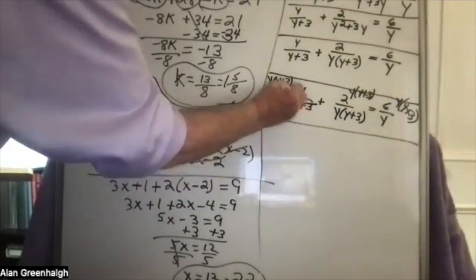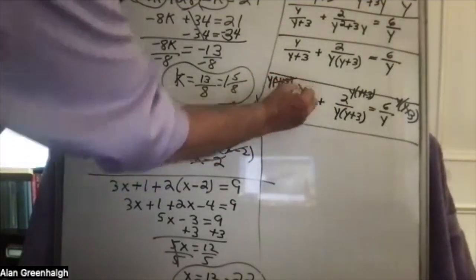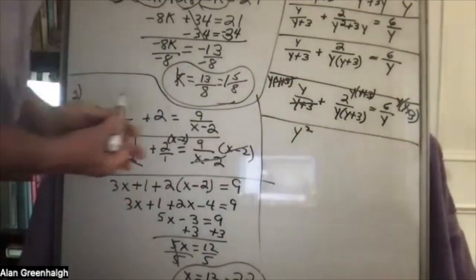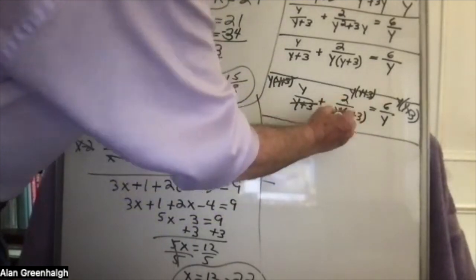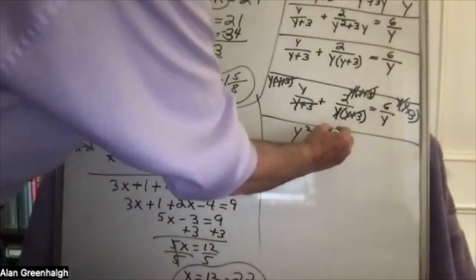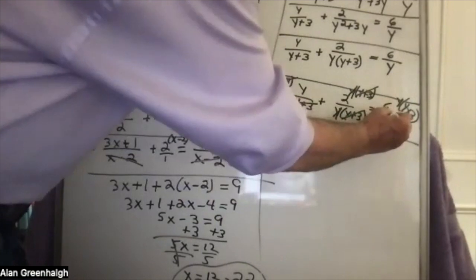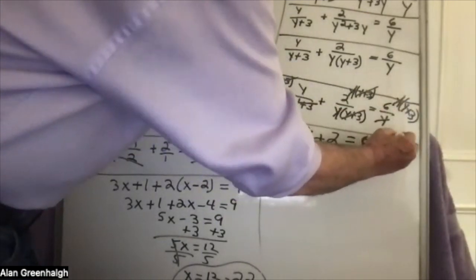So we cancel out the y plus 3's, multiply y times y, and get y squared. This is good, right? The y cancels out, the y plus 3 cancels out, and we get the 2. Equals. Y cancels out, we get 6 times y plus 3.